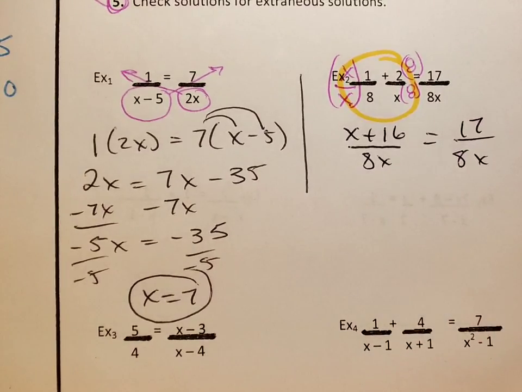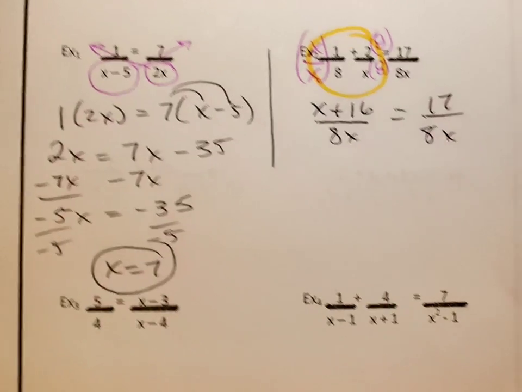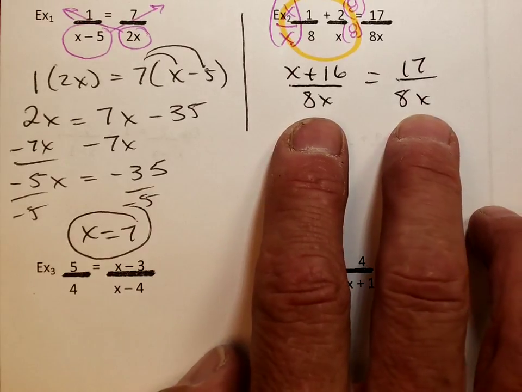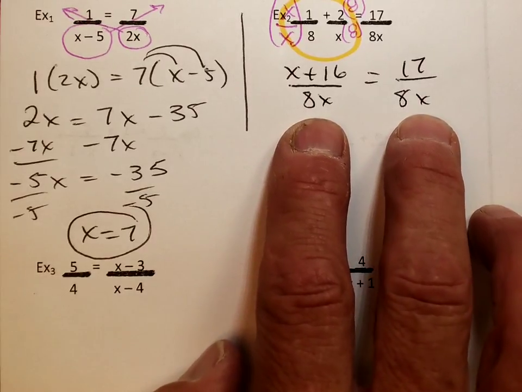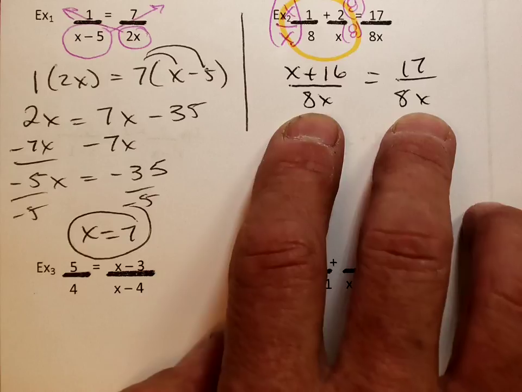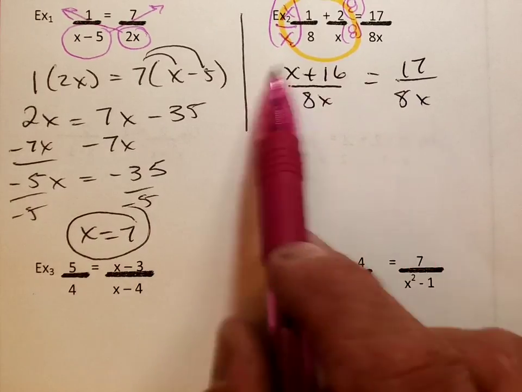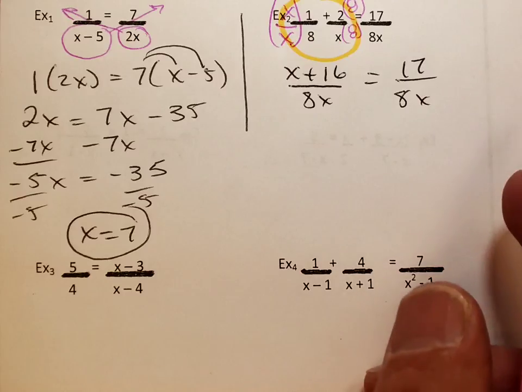Okay, now, here's a really cool trick, and I want to show this to you, okay? Once you get a common denominator for all fractions, I'll say it again. Once you get a common denominator for all fractions, if you were to cross multiply, right, you'd bring the 8 up here, right? But here's a cool little trick.